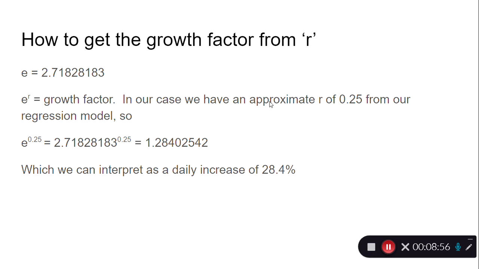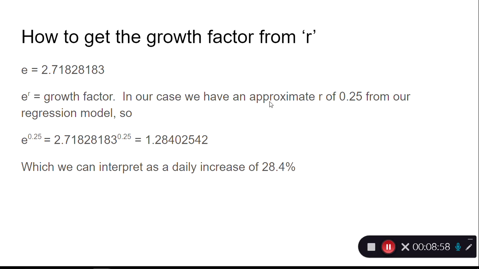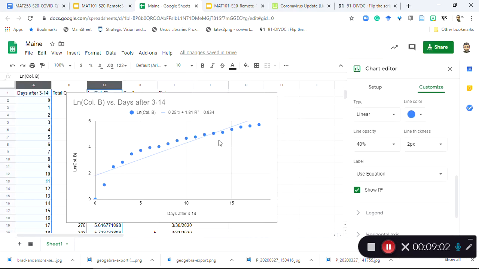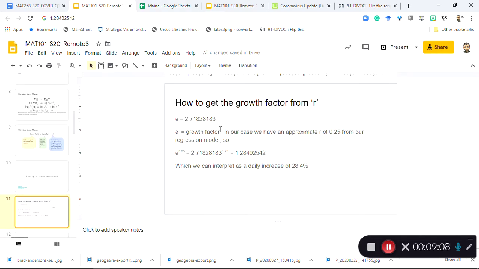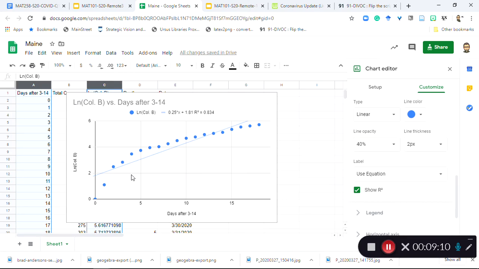So in our case, we did a regression on the data we have. We have a 0.25 value for r. And again, don't worry about this spreadsheet. If you're not familiar with spreadsheets, you're not going to have to do a spreadsheet, but this is how we can do it.